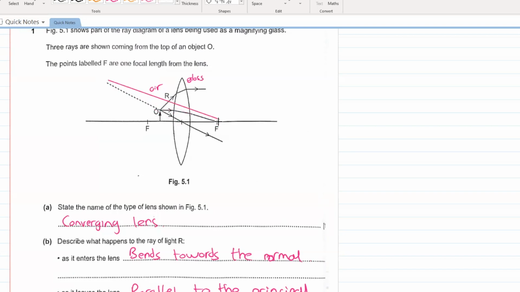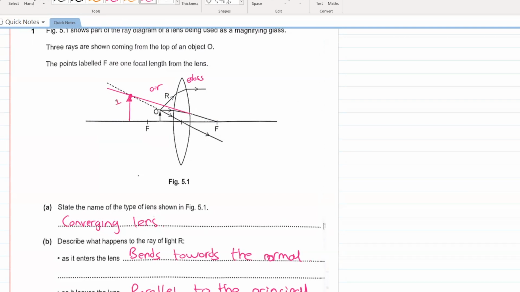Somewhat along these lines. Let me align this ray first. And what you can do is you can erase this thing. And this is where your image is formed. This is your image I.